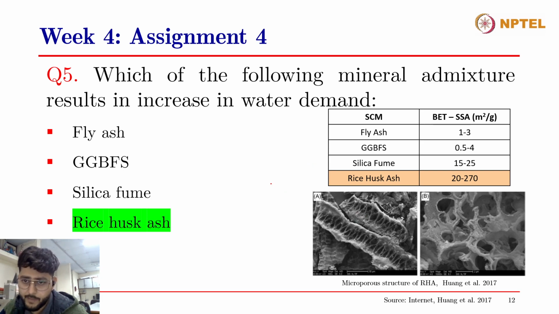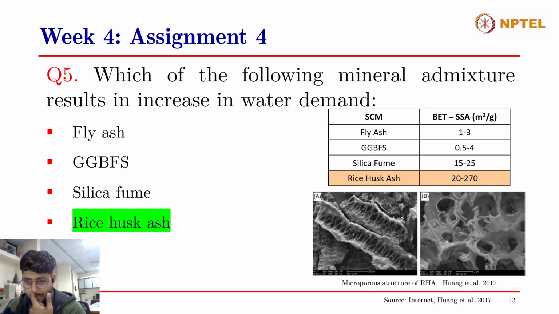These rice husk ash particles are made out of a cellulose based microstructure, and therefore they have this microporous structure that leads to an enlarged specific surface area as shown over here.